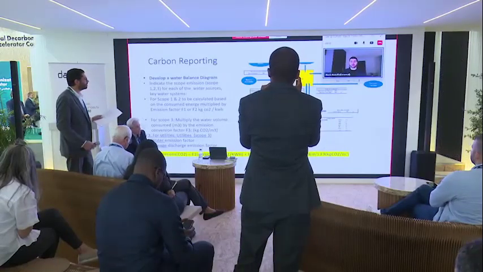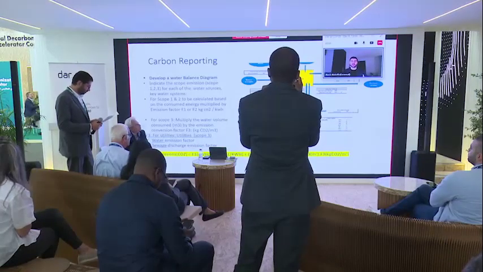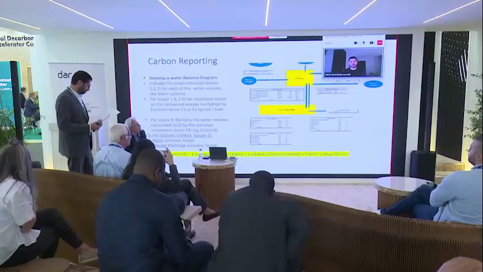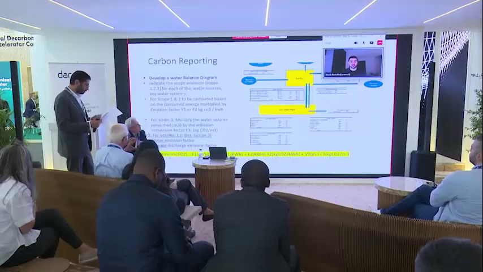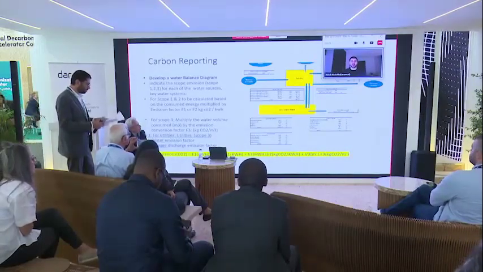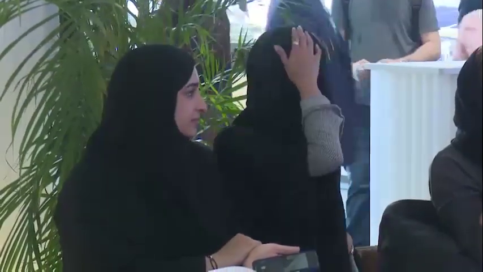From my perspective, you're trying to level set water with energy, and the two coming together to help drive better design decisions for the project. So getting a good understanding of not just the energy systems that we're selecting and their energy demand and their energy consumption, but also aligning it with a water perspective.